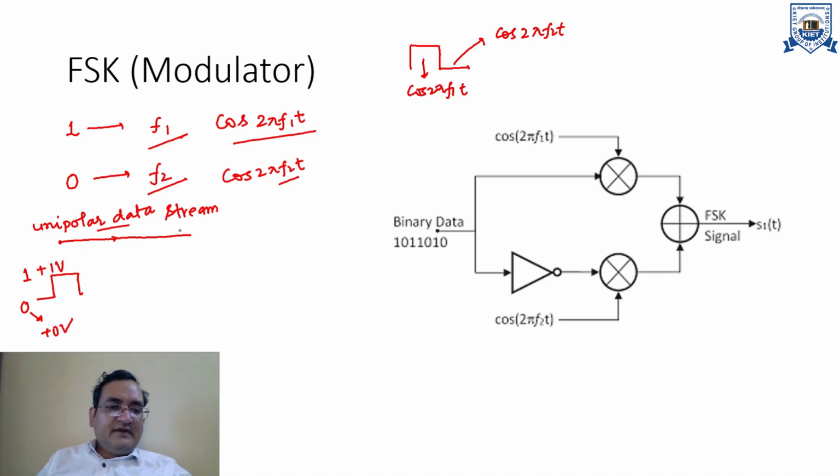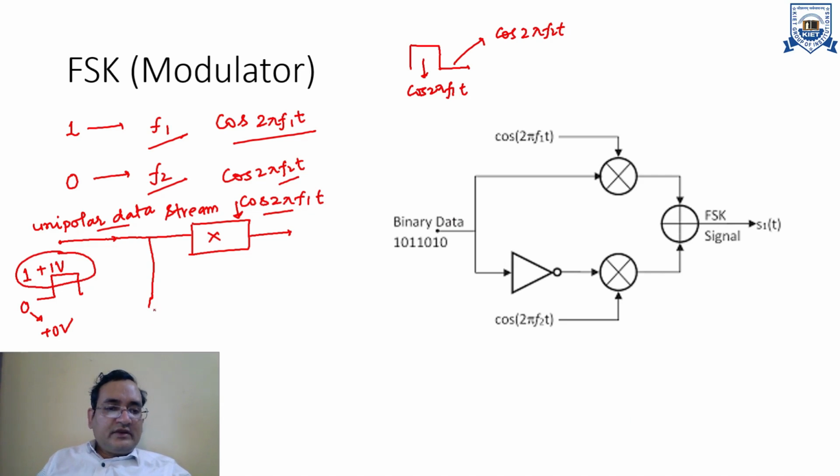For example, this is your simple data, and you multiply it with the carrier signal cos of 2 pi f1t. When you multiply this, you will get BASK. That means for positive ones you will get the cos 2 pi f1t signal.